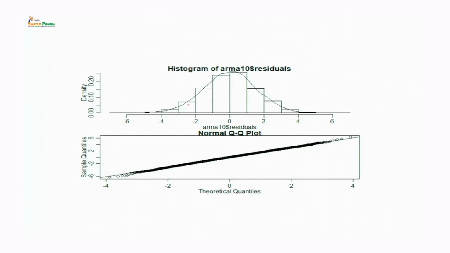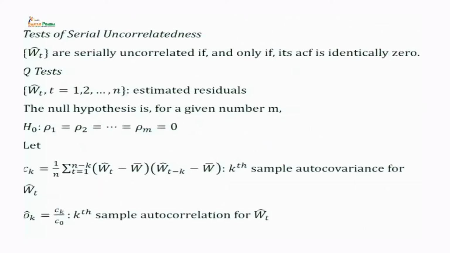This graph looks like the graph of a normal distribution. So, your residuals follow a normal distribution. In fact, while generating data, we have drawn residuals from a normal distribution. That is why you are getting this kind of graph. And this is the normal QQ plot, which I will explain later on.